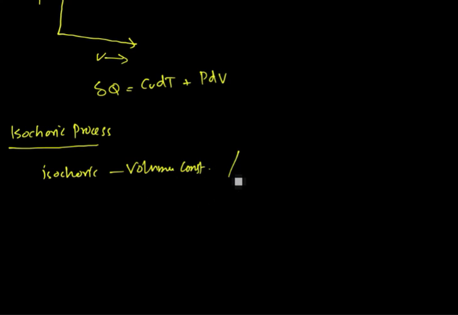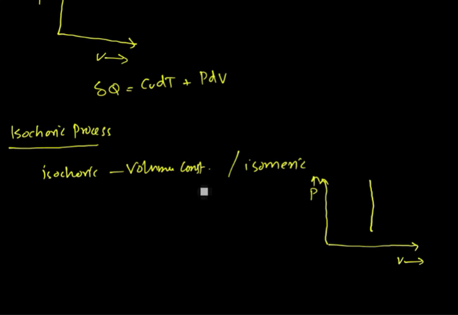It is otherwise called an isometric process. Now if you consider the PV diagram of an isochoric process, it will be a vertical line parallel to the pressure axis.